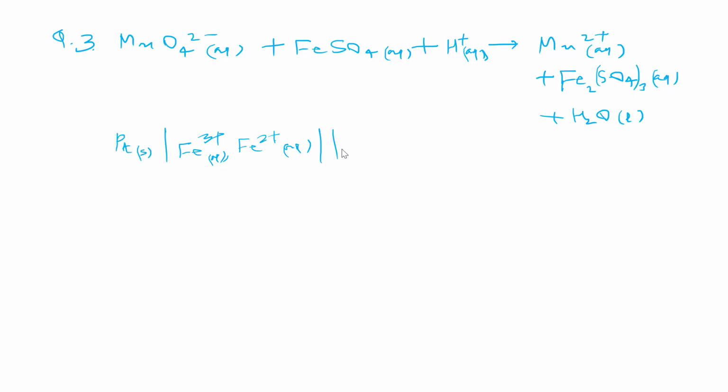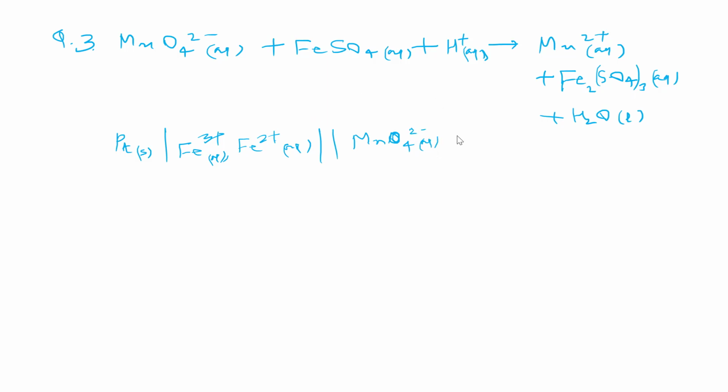Great. Now on the right hand side, or cathode half cell, which species are here? Mn+6. Actually, this is the existing form of Mn. You can even write Mn+6, but you can write the species in the form in which it is established.